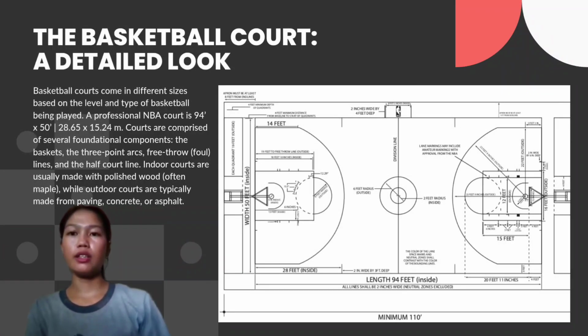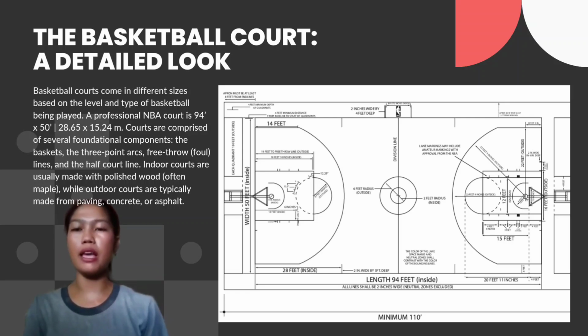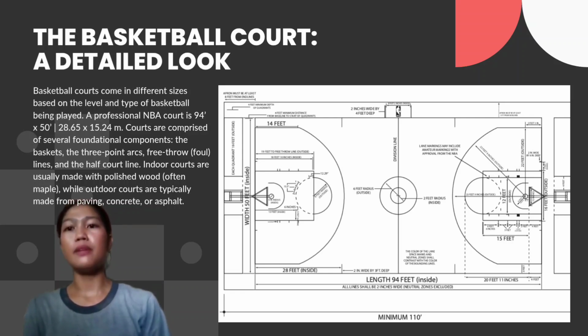The basketball court. The basketball court comes in different sizes based on the level and type of basketball being played. A professional NBA court is 94 x 50 feet, or 28.65 x 15.24 meters.